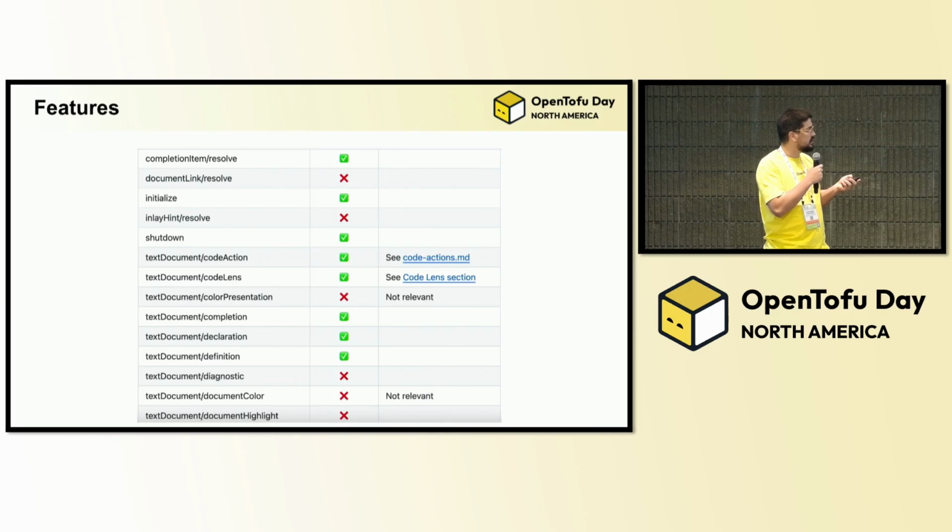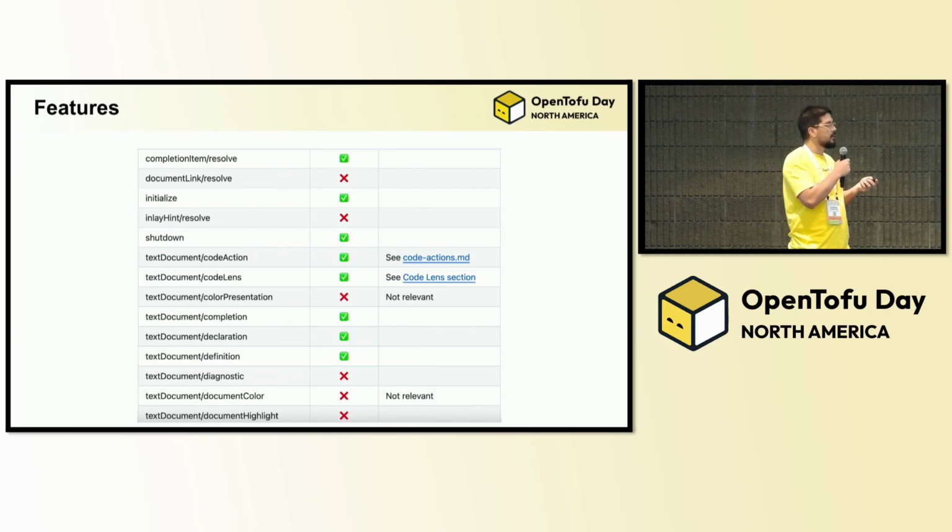Just talking about these features in the specification itself: if you want to autocomplete your text in the text editor, you have a feature called textDocument/completion, and we support that. For the other things, we have names like definition, for when you have a variable and you click go to definition, and we support that. Seeing the references that are being used, for an output for example, is supported as well.